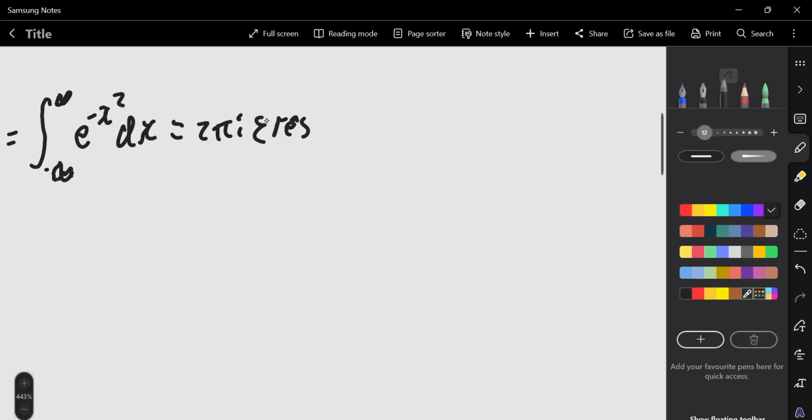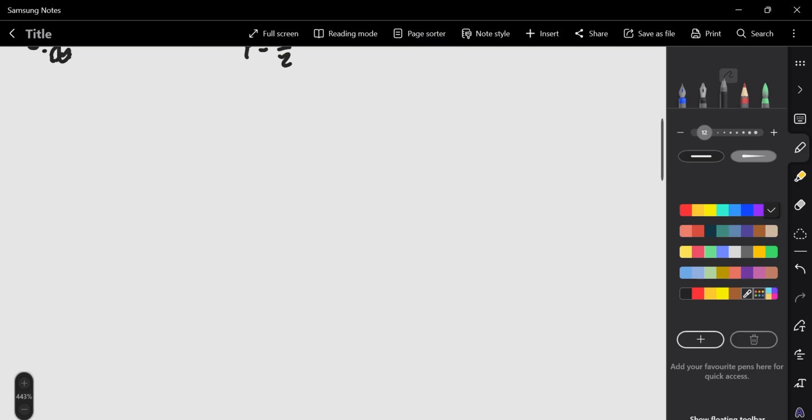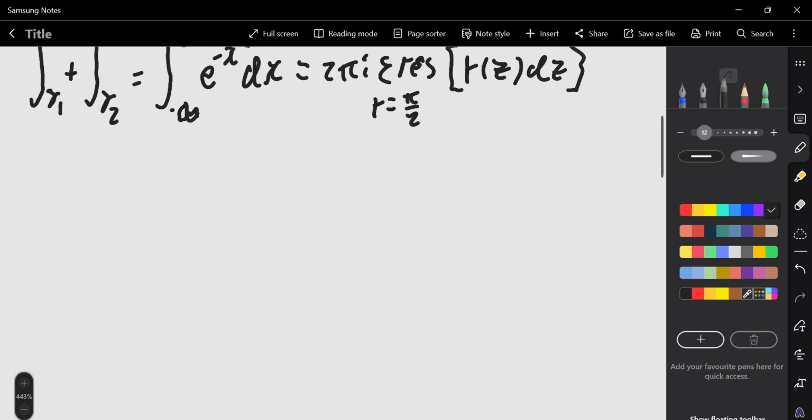And we're looking at the one at t equals pi over 2 times f of z dz. Now, it's going to be a limit. Probably have to use L'Hopital. 2 pi i limit z going to t over 2.